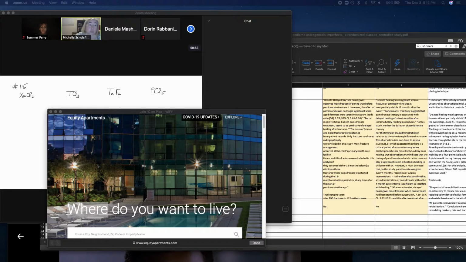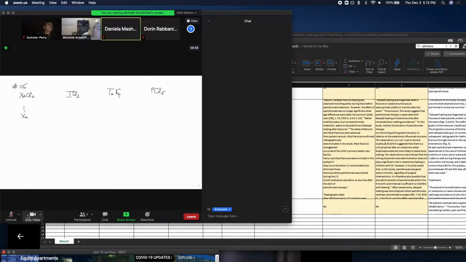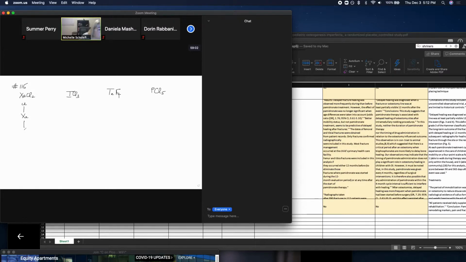Now, I'm not going to go through all the steps to draw these molecules, but I know what they look like, so I'll just draw them for you. XeCl2 is this structure here. It's Xe in the middle, with Cl and another Cl, and some lone pairs on the central atom. How many lone pairs are on the central atom? Anyone? Well, it turns out there are 3. Those 3 are in the equatorial positions here, here, and here.